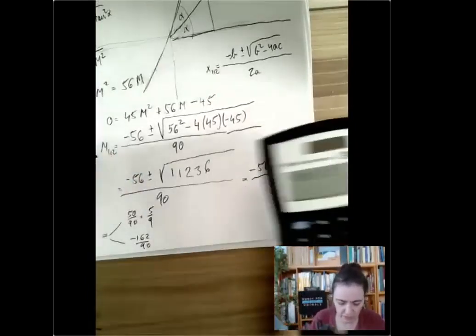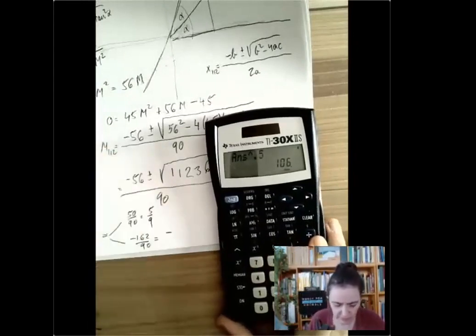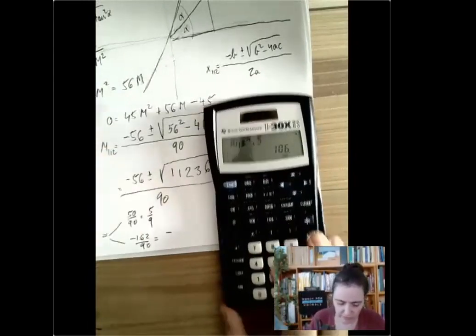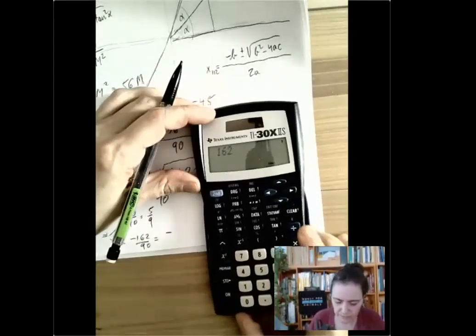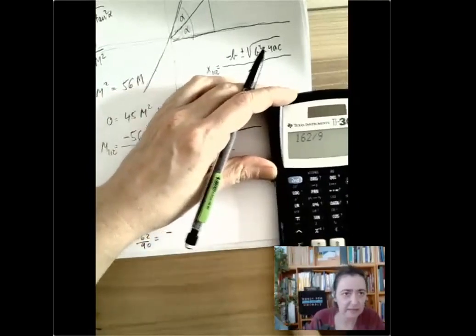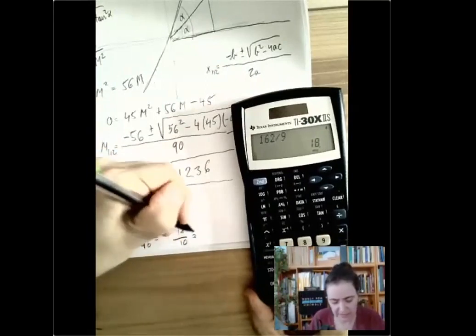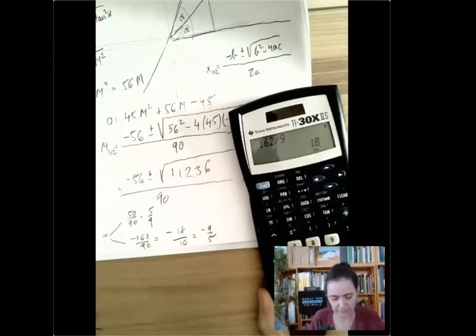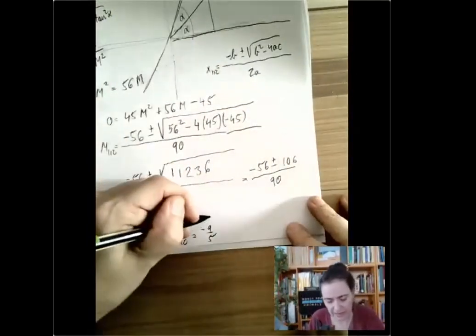And 162 is divisible by 9. So that negative 162 divided by 9 is 18. So that's negative 18 over 10. That's negative 9 over 5. So we have two answers, 5/9 and negative 9/5.